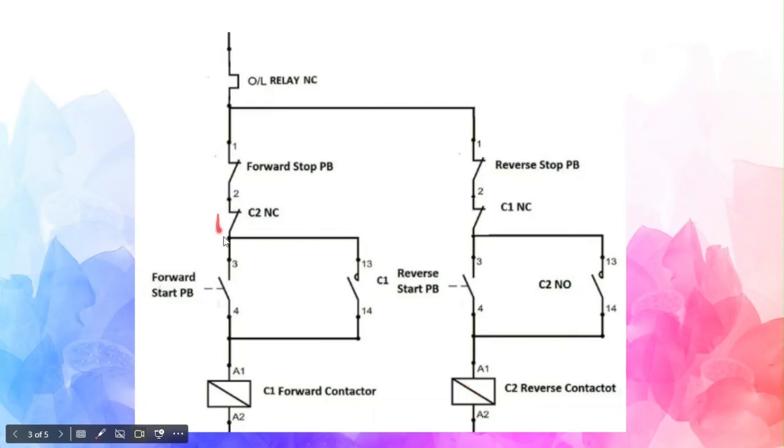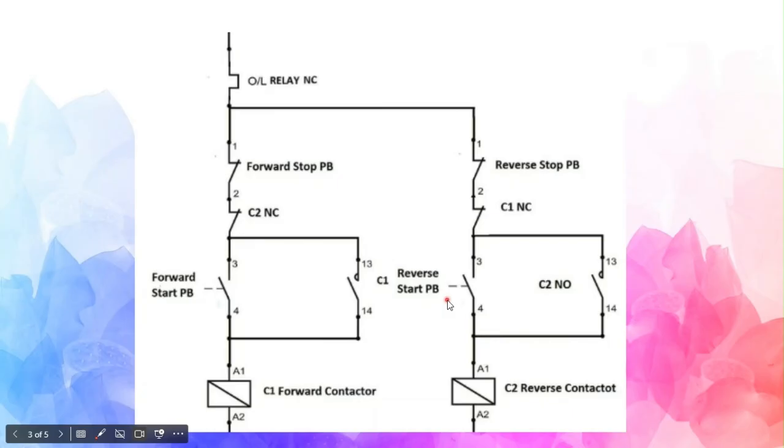Similarly, C2 is kept here so that when the reverse contactor is energized, this will be open so that nobody can energize C1. That is the fundamental of any reverse DOL circuit. Similarly, if you want to switch direction, first we have to switch it off and then switch it on. Okay.